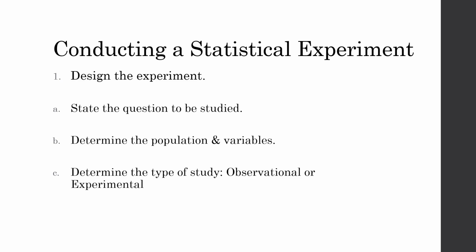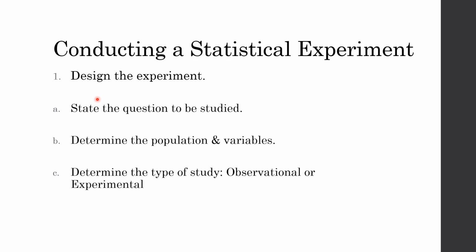Experimental design is something that you could study for years. They have whole classes if you want to go to graduate school for anything like psychology or nursing or any kind of social science, you will have to learn about experimental design.